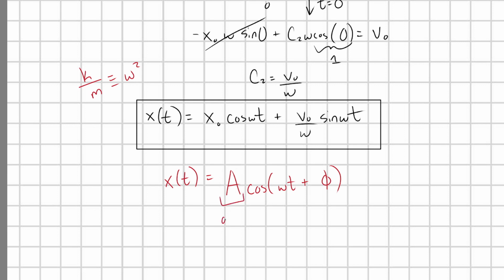This time A is your amplitude, though, and phi is your phase shift. We can see what's convenient about writing our equation in this form is that we've combined our cosine wave and our sine wave basically into a singular cosine. And you can also combine it likewise into a singular sine wave in a similar process.